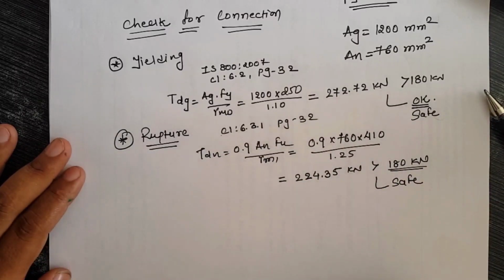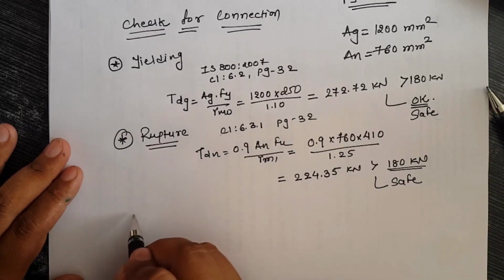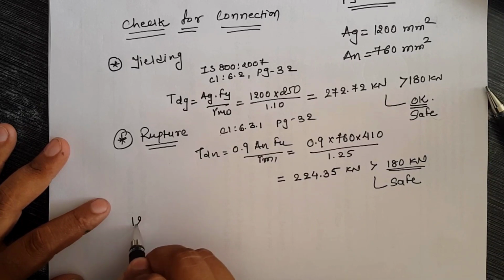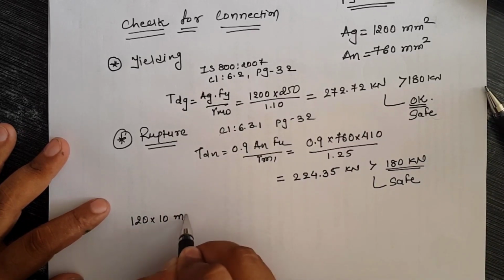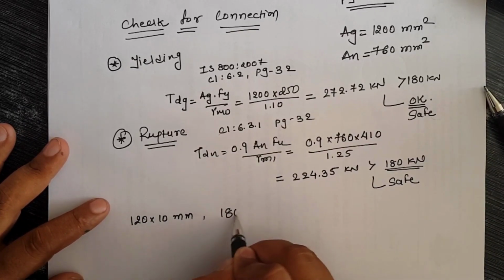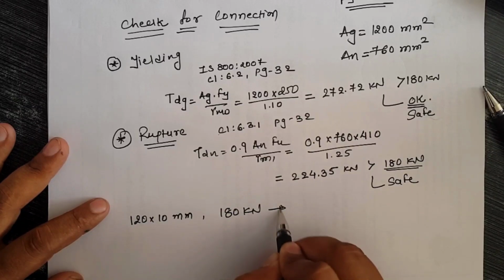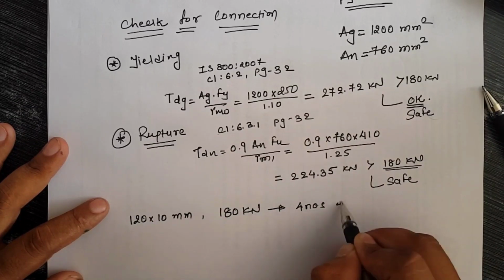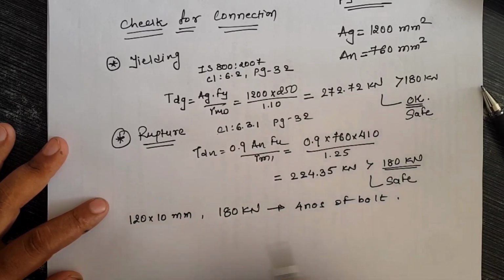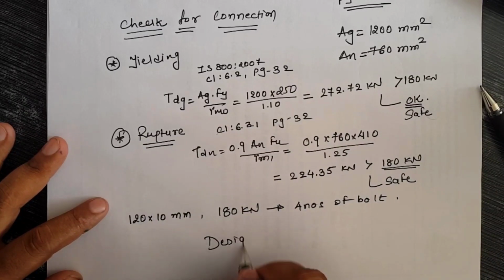Now both the calculations are safe. It indicates that our design for 120 by 10 mm thick plate and design load as 180 kilonewton, if we provide 4 numbers of bolts as shown in the figure, our design is safe.